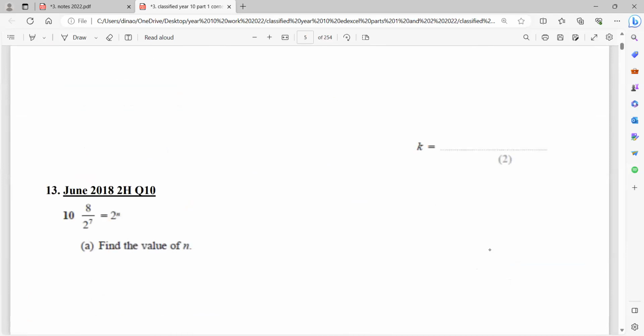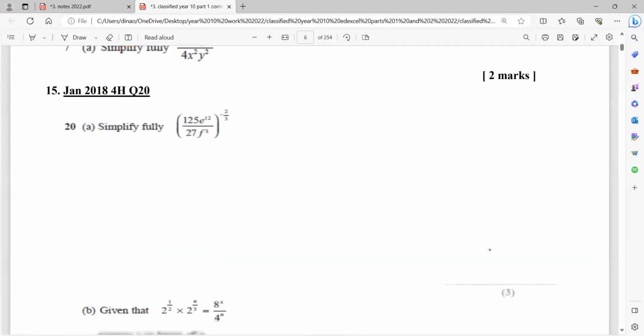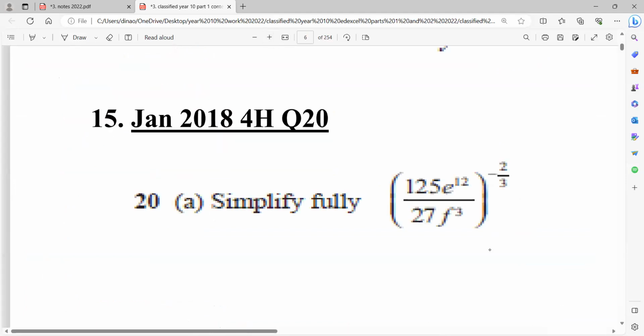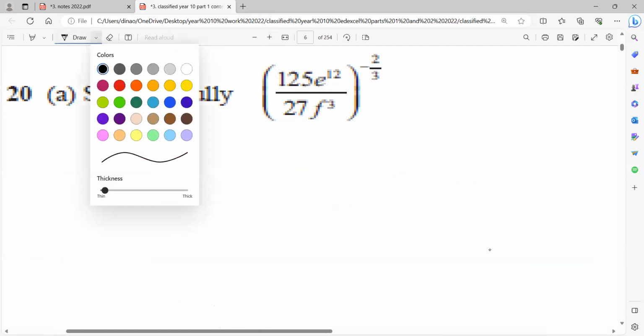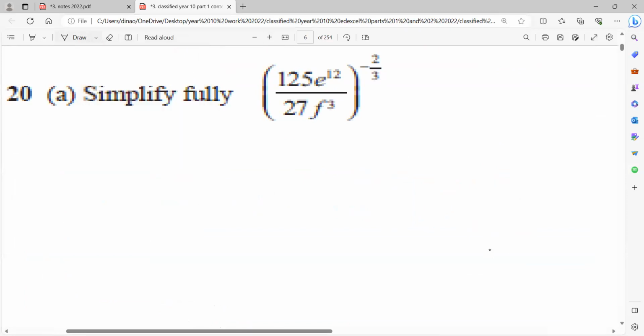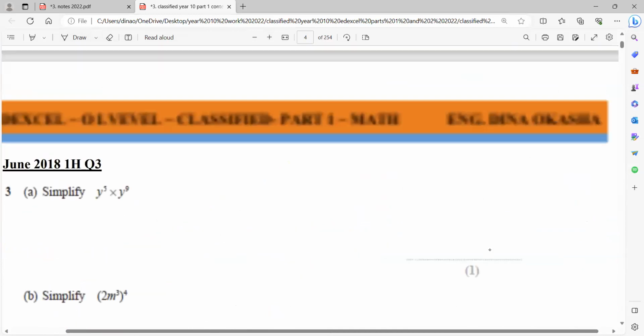Now, where is the question? This is the last question that we're going to solve in this video related to negative powers, so please pay attention. And this is in your classified. Did I mention what page was it that we did the other example? Oh, this one. No, we did this one already on page 4.